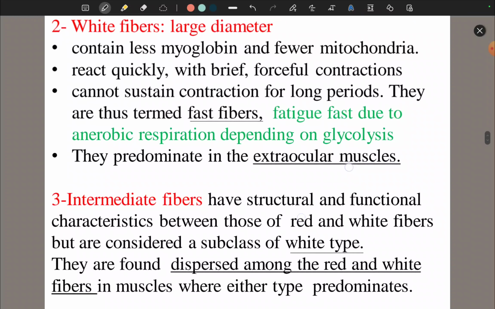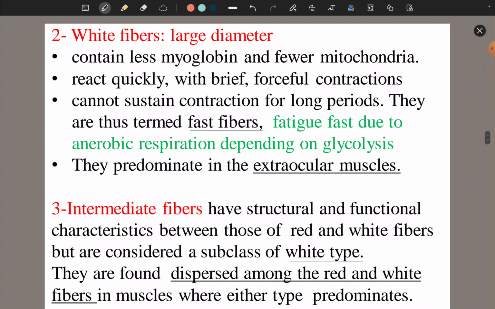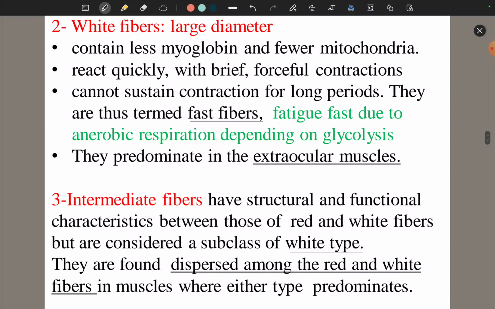They cannot sustain contraction for a long period, and they are called fast fibers. Fast fibers contract for a short period. They predominate in the extraocular muscle.